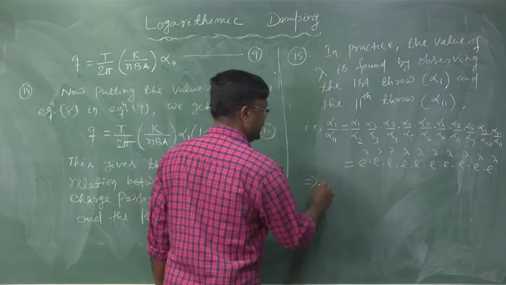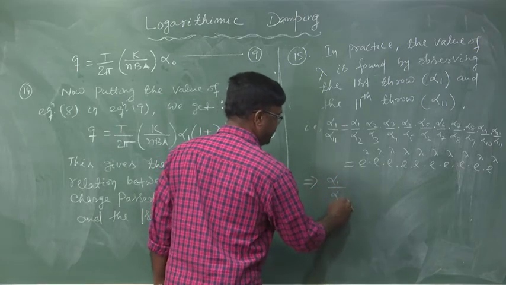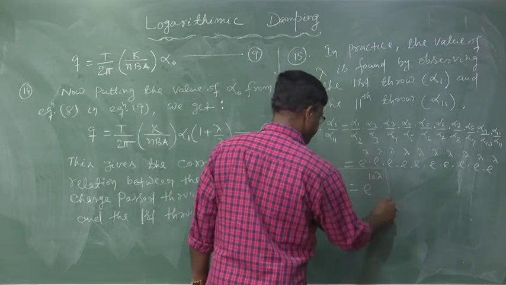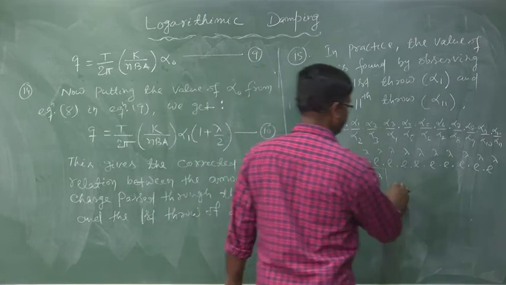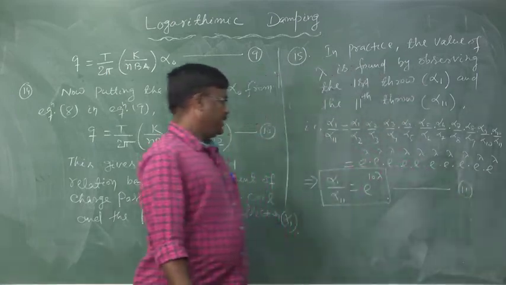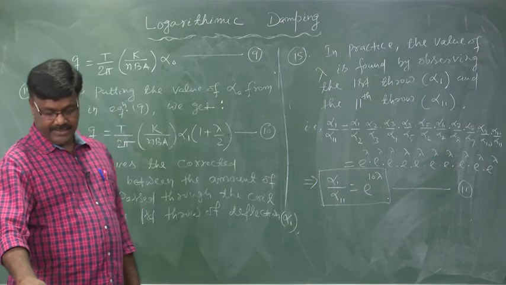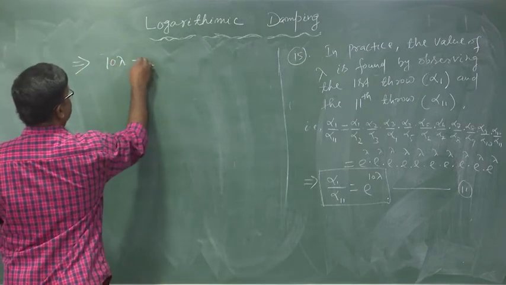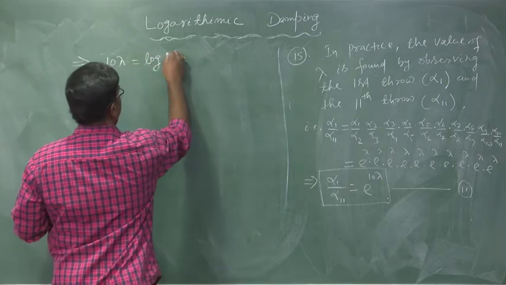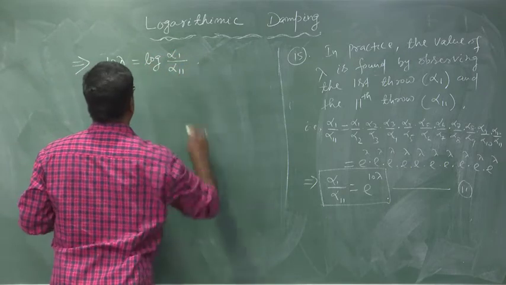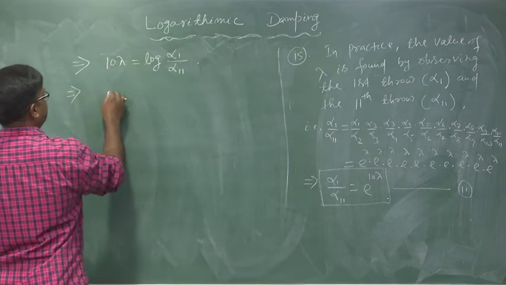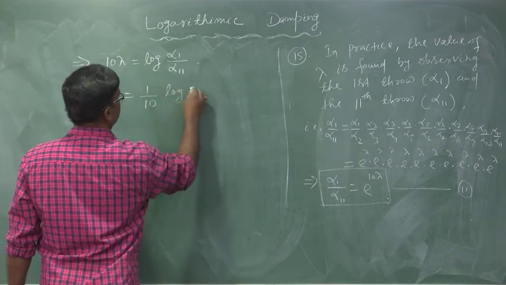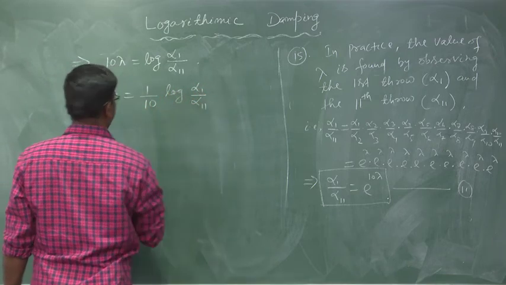So this implies alpha 1 by alpha 11 is equal to e to the power 10 lambda, which implies 10 lambda is equal to log alpha 1 by alpha 11, which implies lambda is equal to 1 by 10 log alpha 1 by alpha 11.